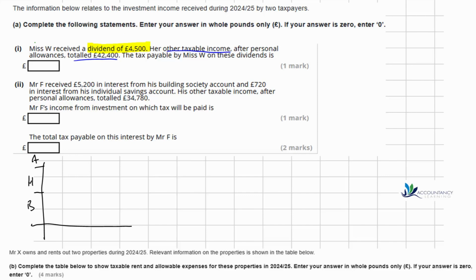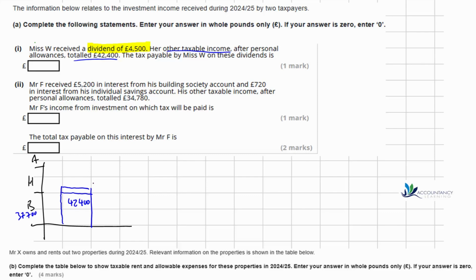Now in the reference materials we see that the basic rate band covers the first 37,700, so her general income takes us above the basic rate band, and some of it is taxed at the higher rate.